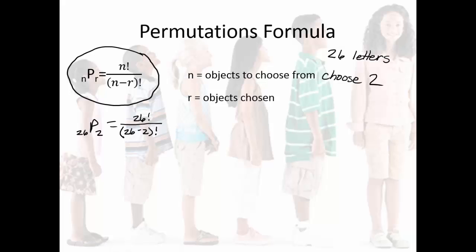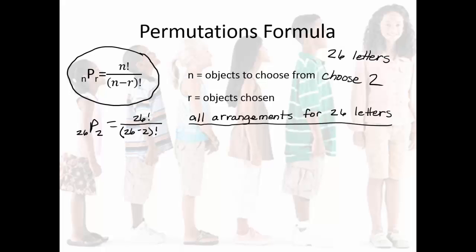So what we're calculating is all arrangements for 26 letters. In the denominator, we take 26 and we subtract the number of objects we're choosing. We're left with 24. 24 is the amount of spaces that don't exist. Since it's factorial, this is all arrangements for the letters not chosen.